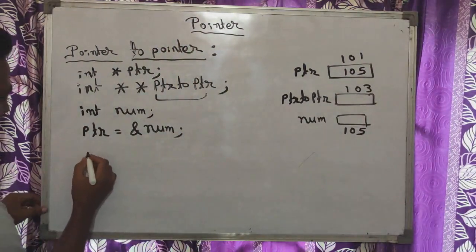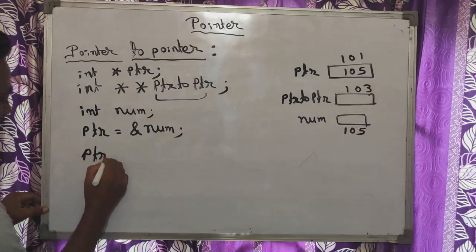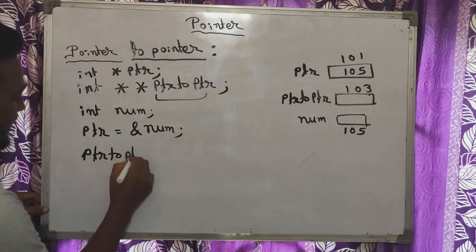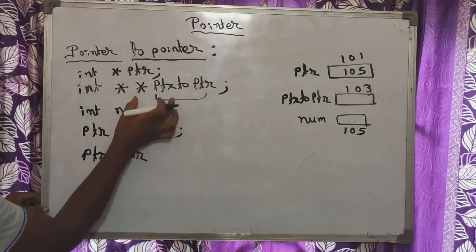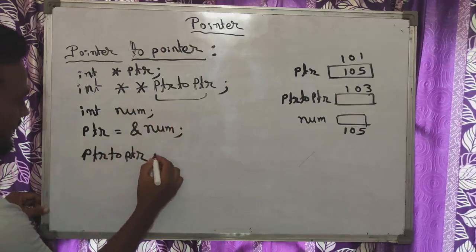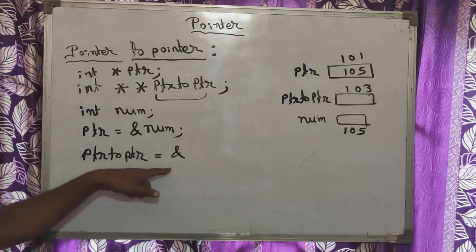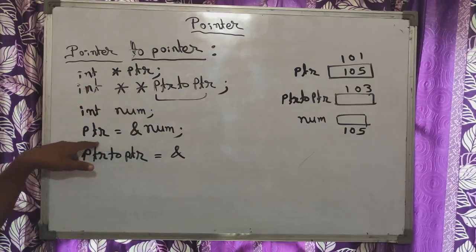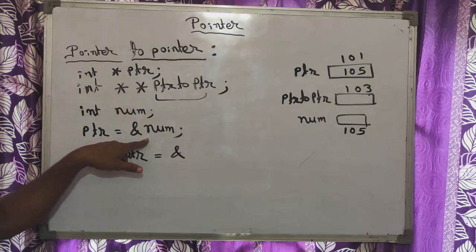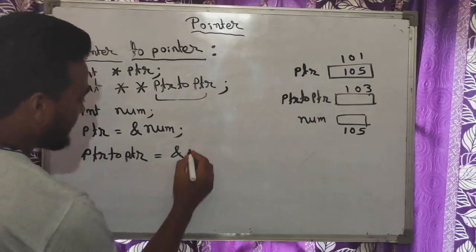Now suppose I am writing here ptr to ptr, this two-dimensional array pointer, equal to ampersand ptr. In the earlier case we gave the reference to number, but this time I am giving ptr.